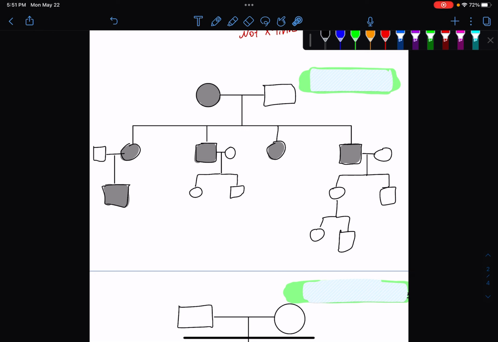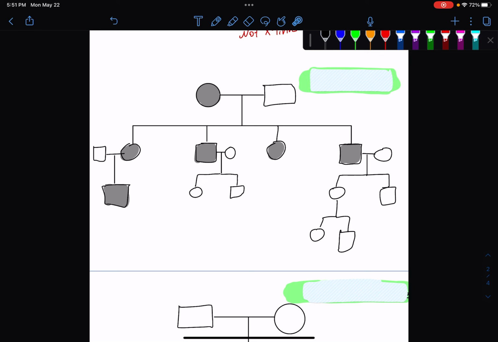But let's try to go down the line, to make sure there's no iffiness. Again, check every single mother to make sure all of their offspring are affected. Okay, this mother, her offspring are affected. We have another daughter here, but she doesn't have any offspring, so we can't check that way. But we can also check the fathers, the sons, to see if they produce anything. With sons, if they're affected, they cannot transfer their mitochondrial DNA, so there should be no offspring that have it, as long as they're married to a non-affected wife.